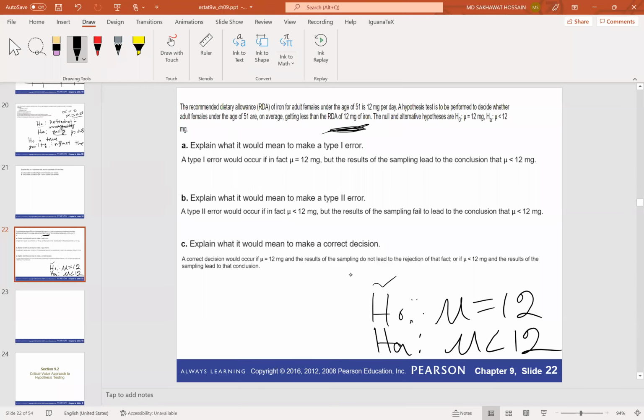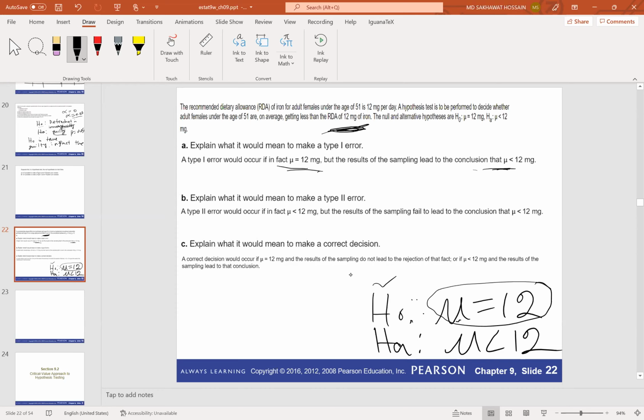A type 1 error would occur if in fact mu is 12 milligrams, but the results of the sampling led to the conclusion that mu is less than 12 milligrams. And type 2 error means mu equals 12 is false, but we fail to reject it. So that means the females are not getting 12 milligrams of iron, but we are saying that they are getting it.